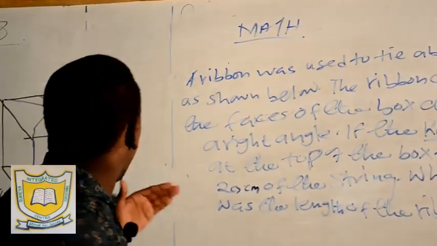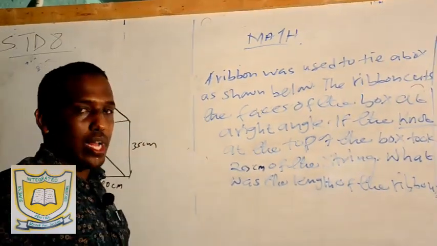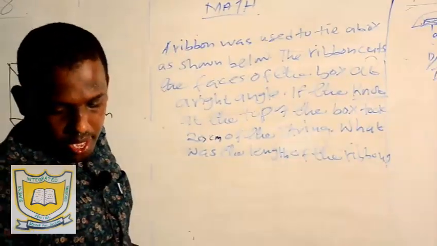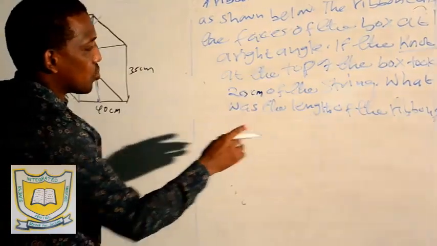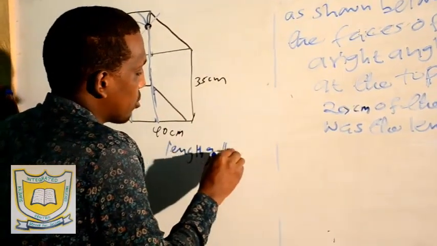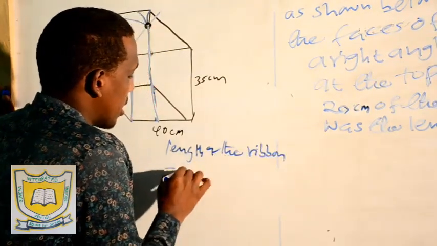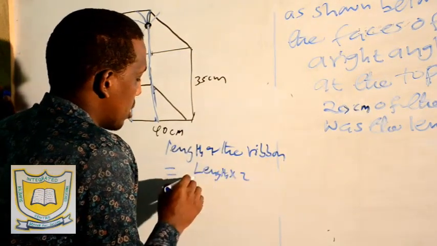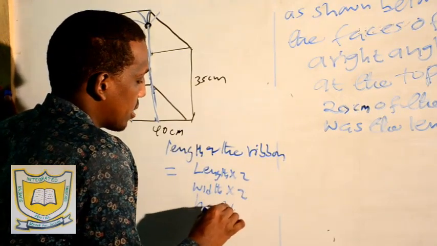Now, someone can tell you that this ribbon has passed from this side to the other side. That one I don't verify mostly. In short form, we use a short formula I've created. So to get the length of the ribbon, the length times 2, the width times 2, and then the height times 4.